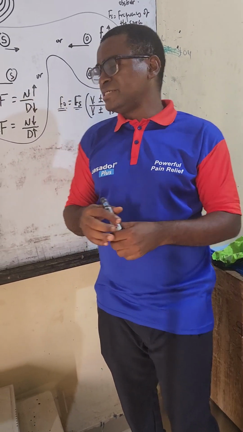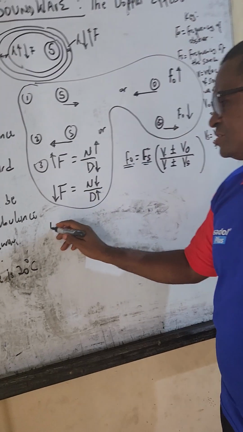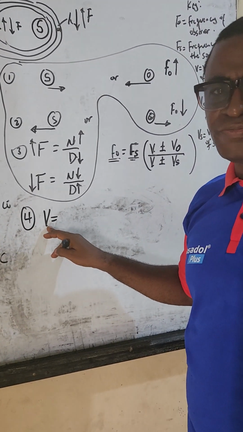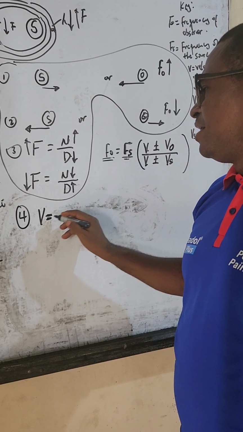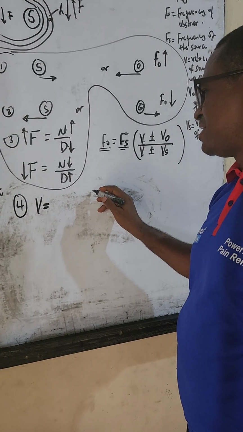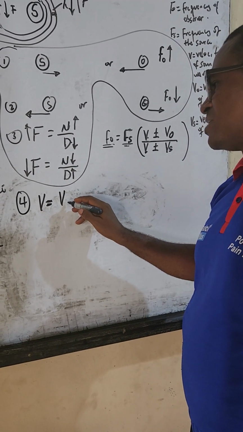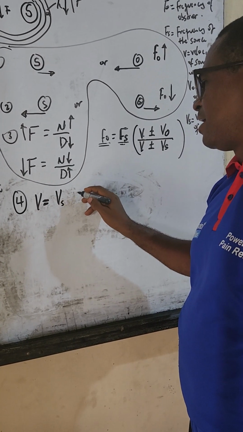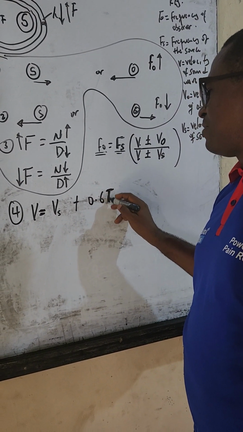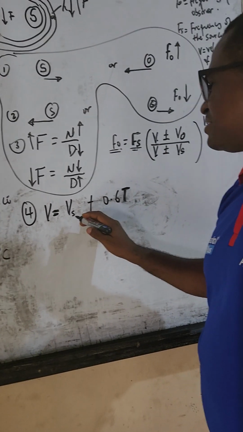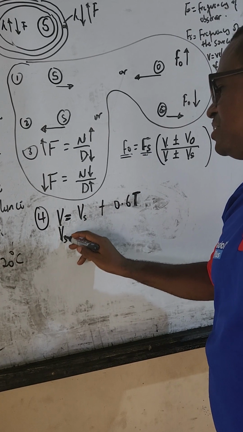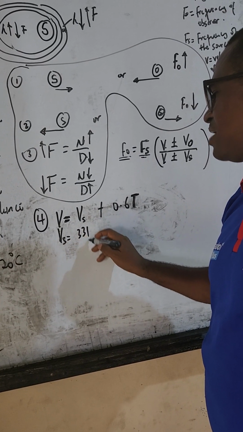Now, another thing I want us to also take note of is this. The velocity of sound at a given temperature is given as V equals 331 plus 0.6 T. The velocity of sound when the temperature is 0 is 331.